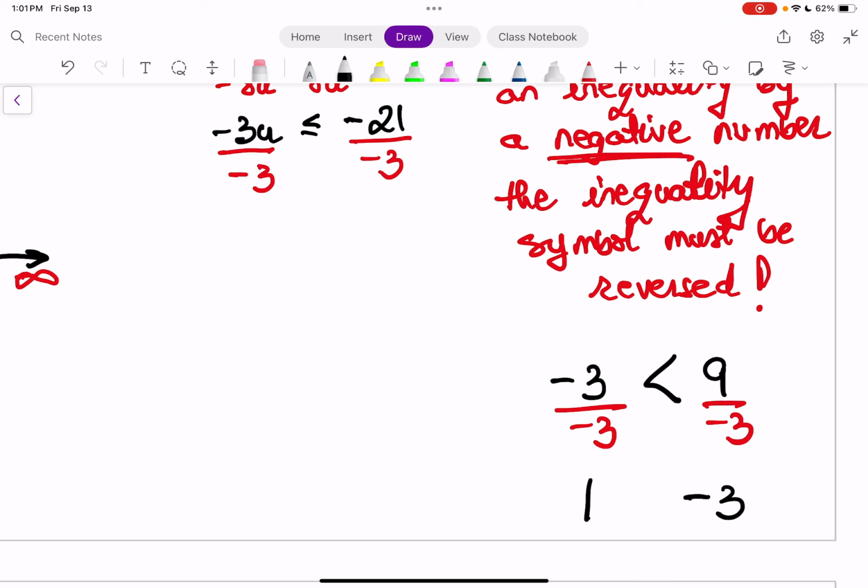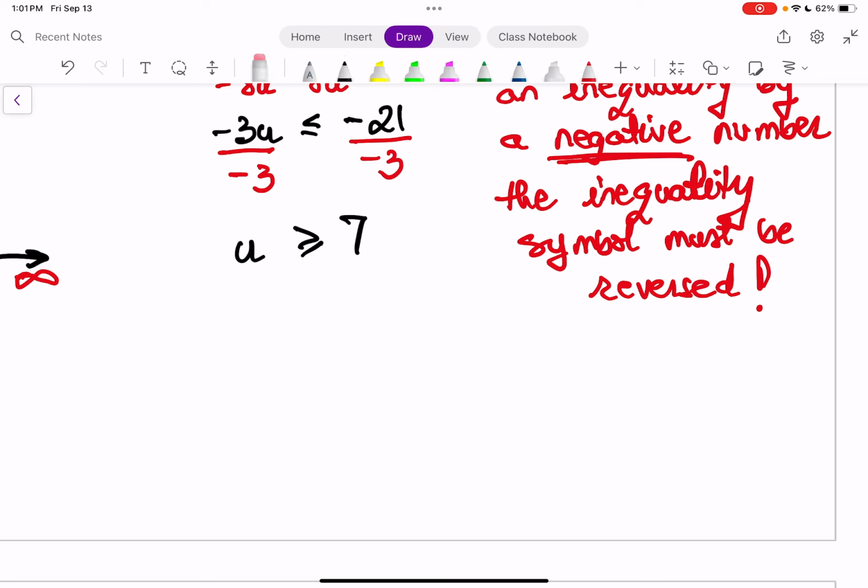How does 1 compare to negative 3? Well, it's greater. It's a positive number. So see, anytime we divide an inequality by a negative number, we have to reverse the inequality symbol. Okay. So keep that in mind.